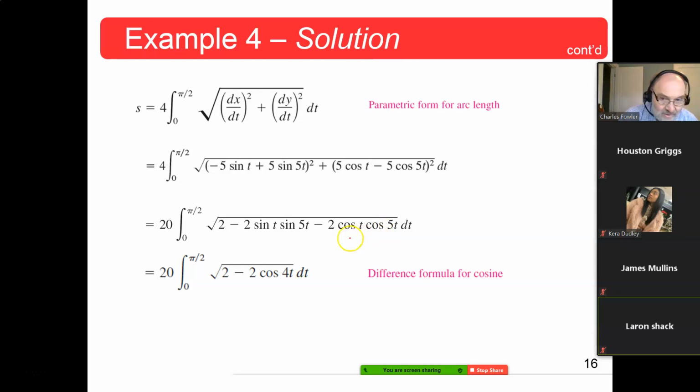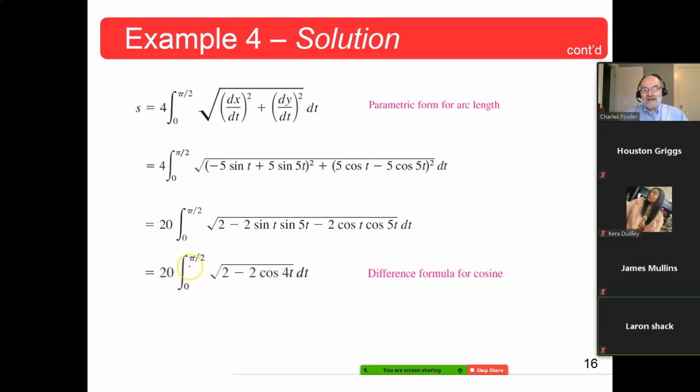There's a plus in between there, so it really doesn't matter, cosine of u minus v. Let u be 5t and v be t, and that gives you cosine of 4t. So that's where that comes from. The minus 2 stays with it because that minus was out in front anyway. Okay, so that gives you that form.